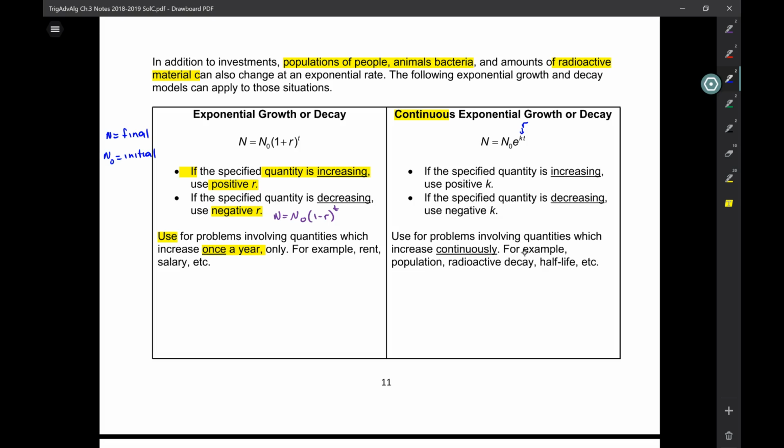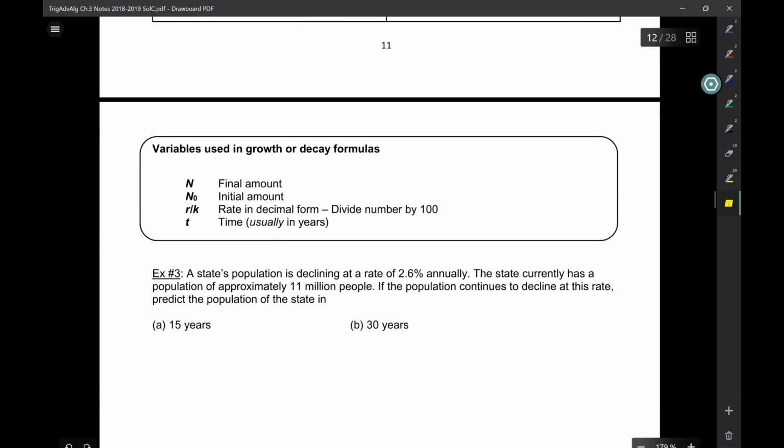If it's increasing, we use positive K. If it's decreasing, we use negative K. So for example, N equals N naught e to the negative kt. When do we use this? We use this when something increases or decreases continuously. You will have that word in the problem. So population, radioactive decay, half-life, and so on. But it'll specify in the problem.